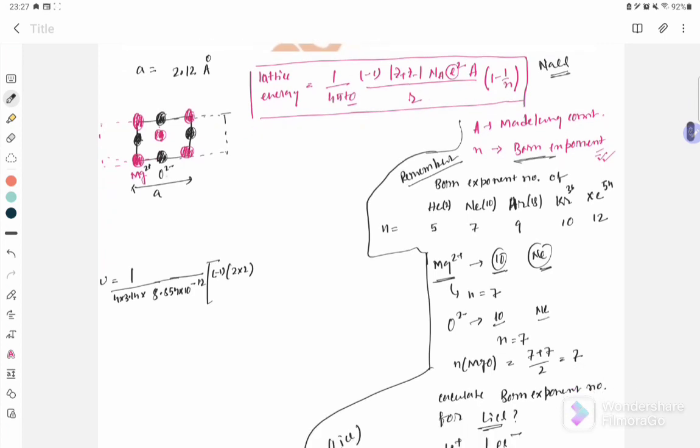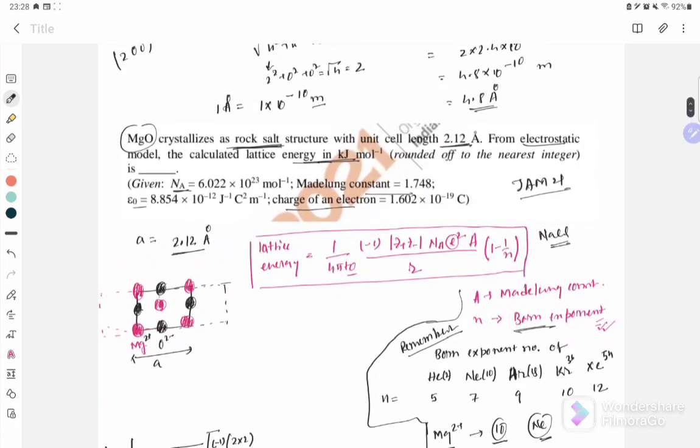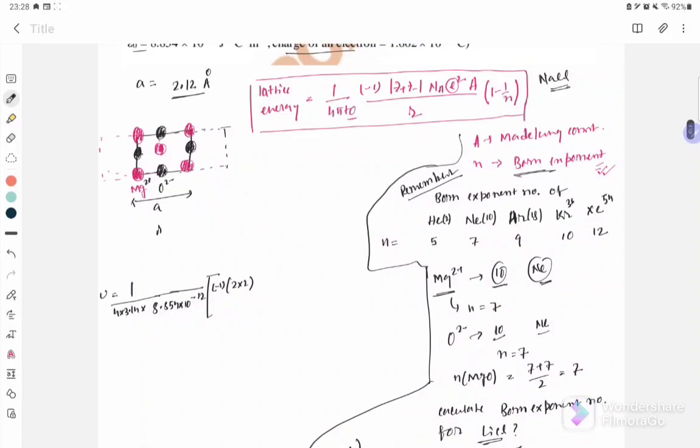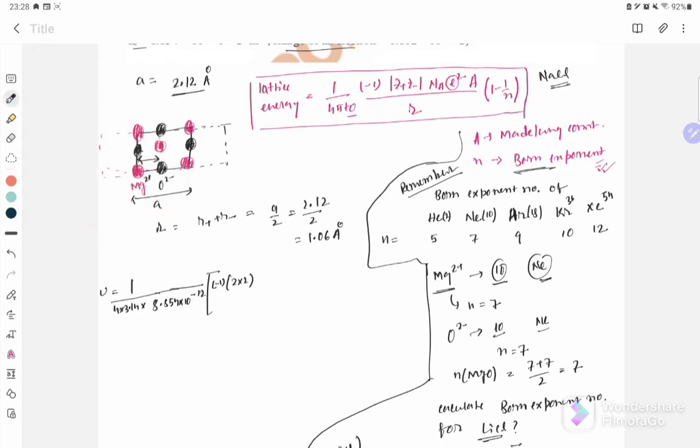For Mg2+ and O2-, a is 2.12, so R, that is R plus plus R minus, this distance only, is a by 2, 2.12 by 2, that is 1.06 angstrom. We got our R.